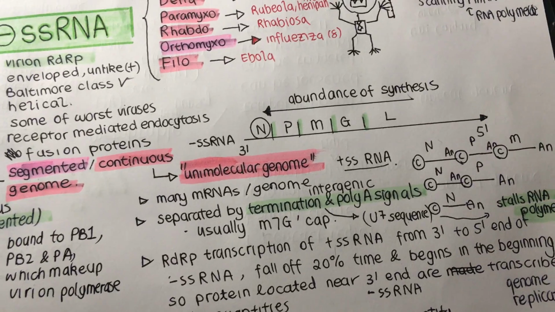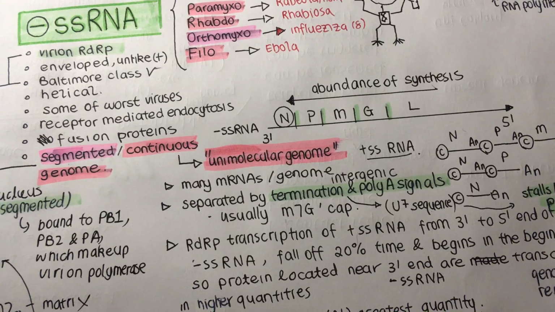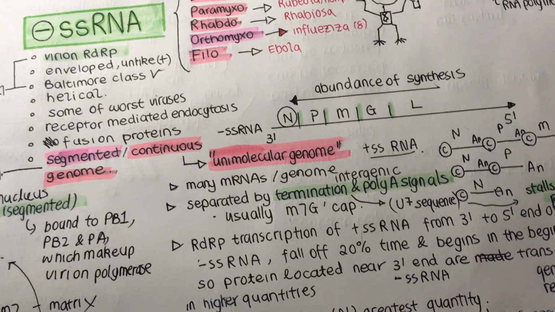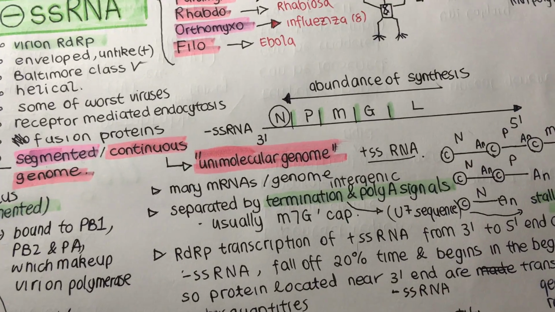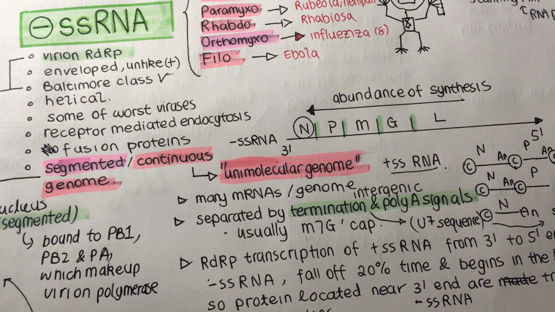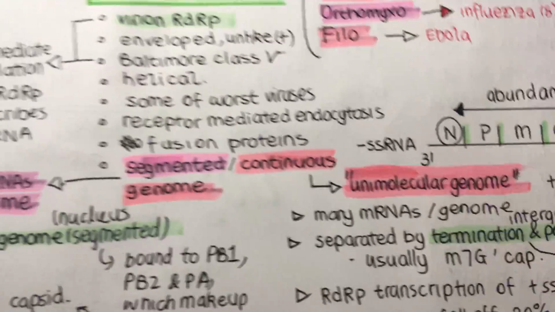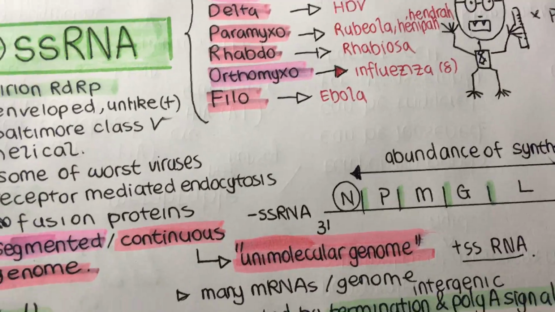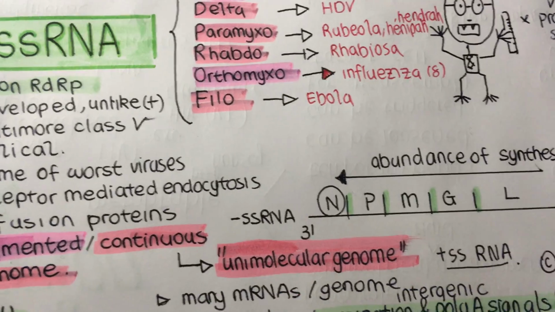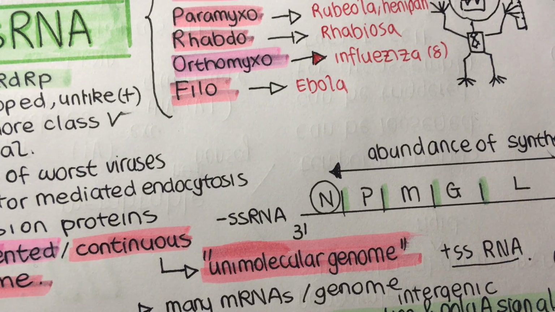Now moving on to the unimolecular genomes. So these usually have many mRNAs that are encoded by the one genome. And these mRNAs arise because there's intergenic termination sequences and polyA signals between the different types of protein genes.